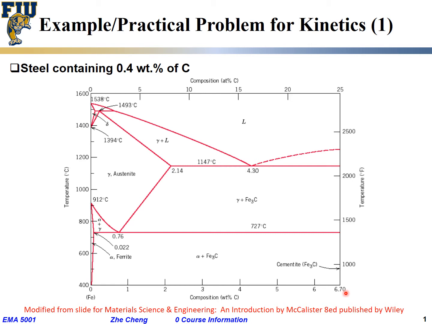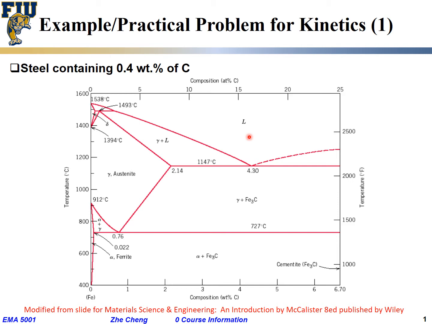Okay? And L means liquid phase, which means if the composition is from 0 all the way to 6.7 weight percent carbon, and the temperature is above these lines, within this single symbol, the system would remain a liquid.